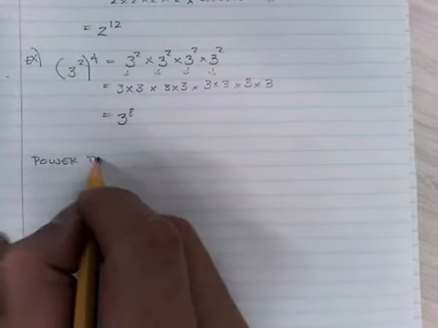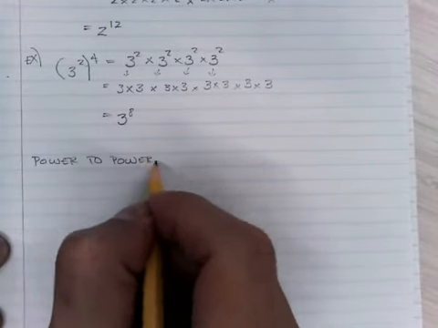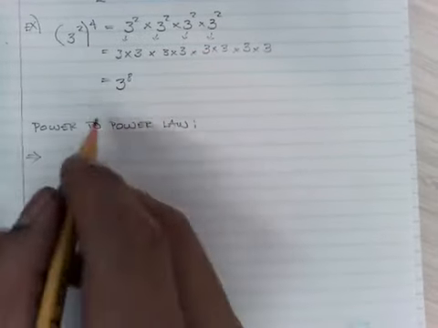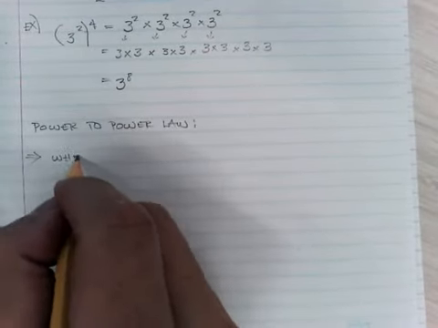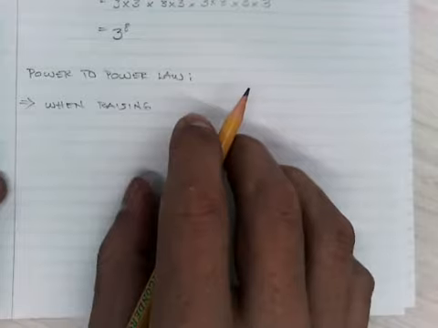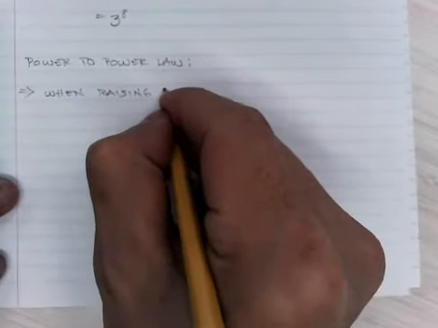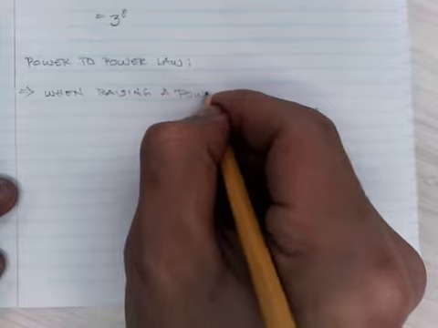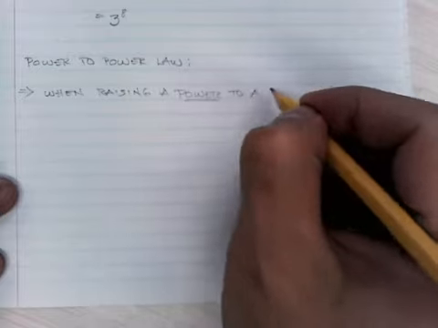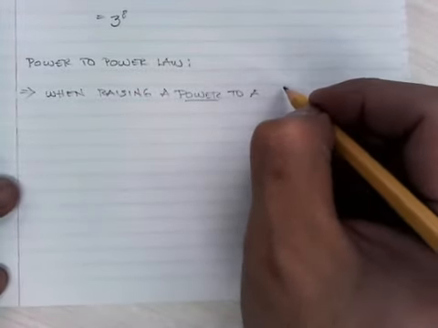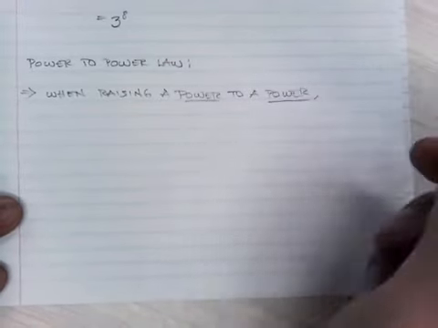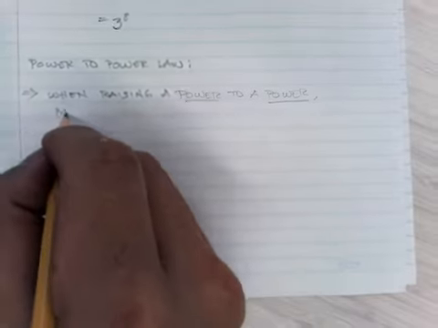Power to power law states that when raising a power to a power or an exponent, you simply multiply the exponents.